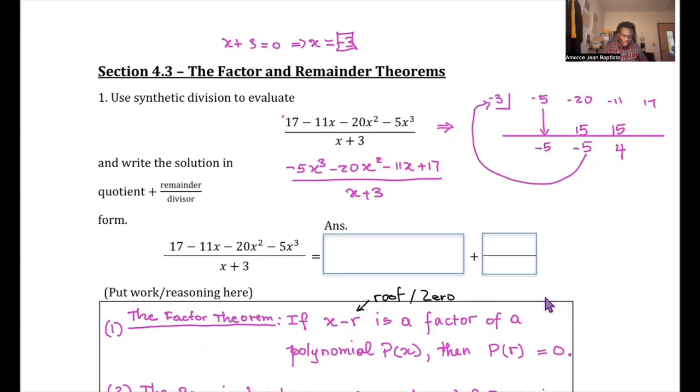Then the number I put underneath the line, 4, we multiply by -3. That's -12, which will be combined with the 17 to get +5.